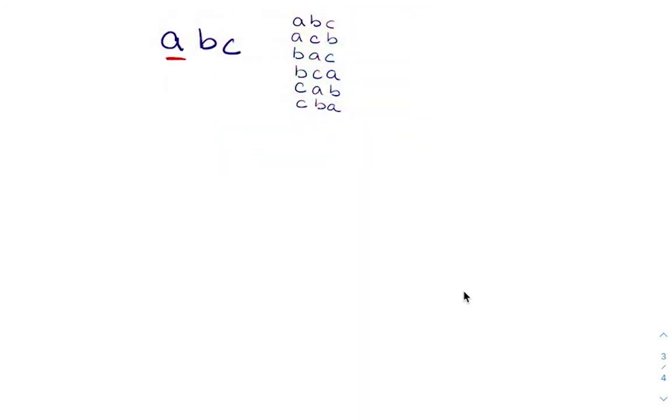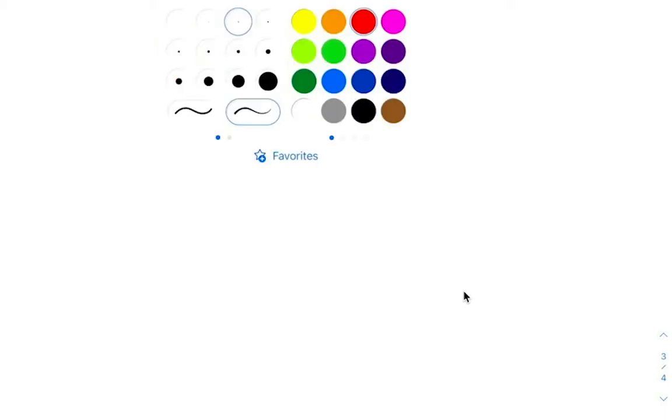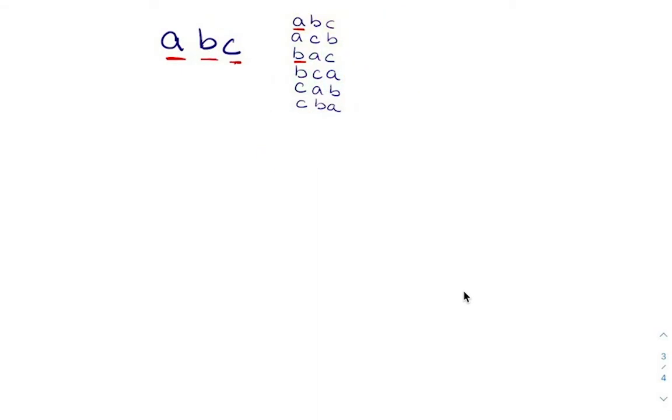So there's going to be at least one permutation starting off with A, at least one permutation starting off with B, and one starting off with C. So from that observation, what we can do is loop through our elements in our set, and let's try to build up a permutation from that.